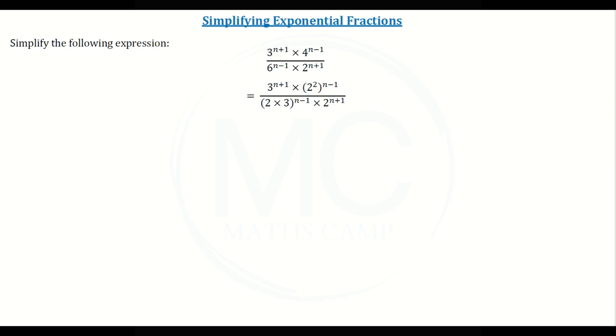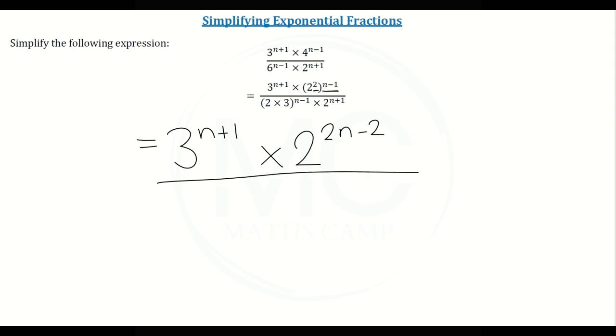Now we can multiply the exponents in the brackets by the exponents outside. So we're going to have 3 to the power of n plus 1, we can leave it as it is, multiplied by a base of 2. We now have an exponent of 2 multiplied by n minus 1, and we have 2n minus 2, all over. In this bracket, we have 2 and we have 3. And remember that when we have a simple number, it has an exponent of 1.